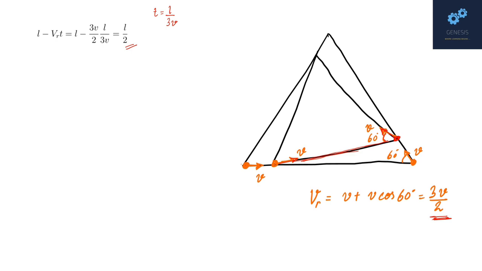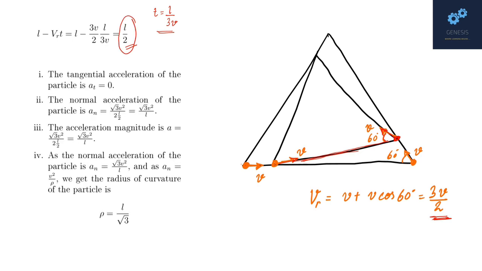of the initial one. Now after this the situation is very simple, because everything that we did for t is equal to 0 with the edge length of L can now be done at t is equal to L by 3v with an edge length of L by 2. That is, tangential acceleration is 0, normal acceleration, all the same calculations hold, only difference will be this time the edge length is L by 2.